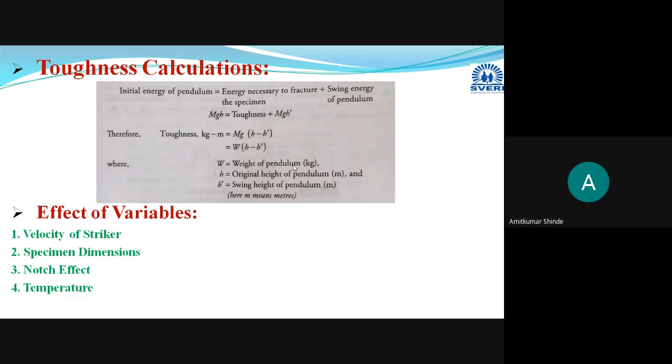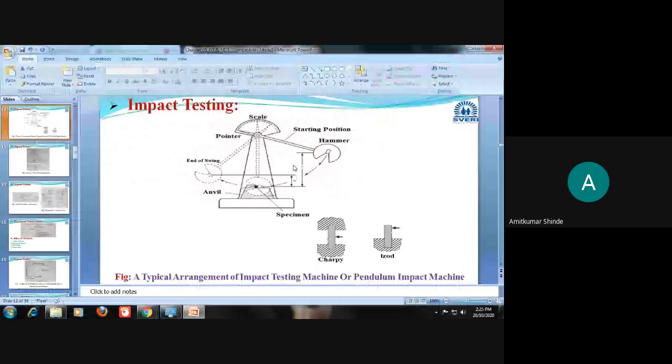These four parameters you have to explain: velocity of the striker, specimen dimensions, notch effect, and the temperature. And along with that, you have to mention the ductile brittle transition temperature. What is the meaning of the ductile brittle transition temperature? Now, in this way, we have finished this impact testing here.